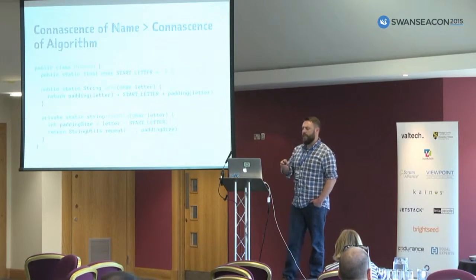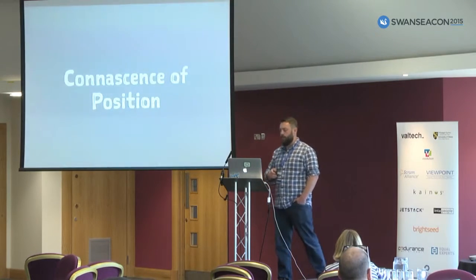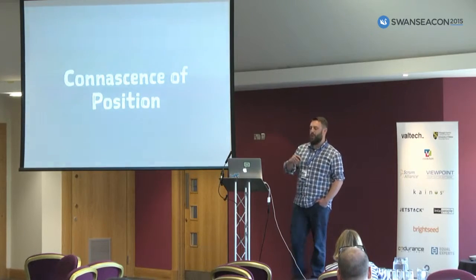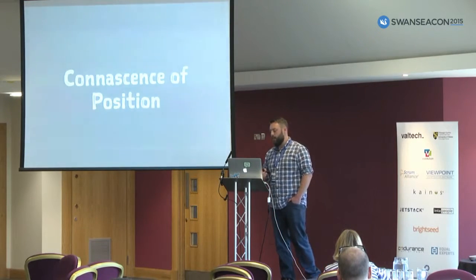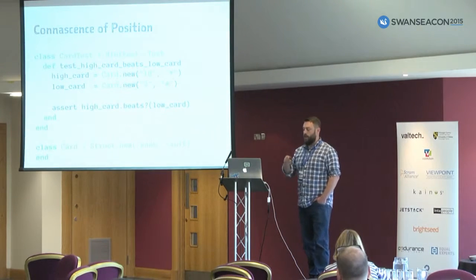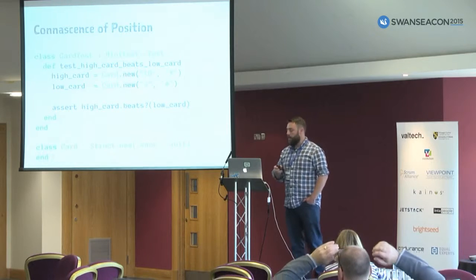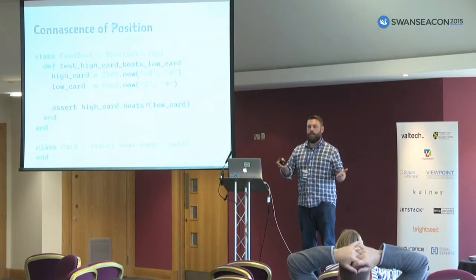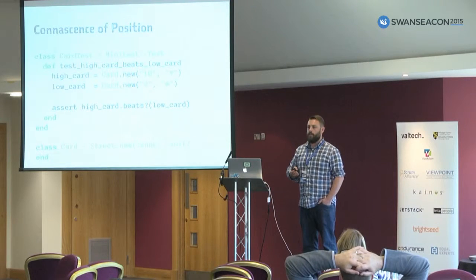So the worst form of static connascence is connascence of position. And connascence of position is where multiple components must agree on the order of values. So we'll go back to our first example, the card test. Can anyone give me the connascence of position that's here?